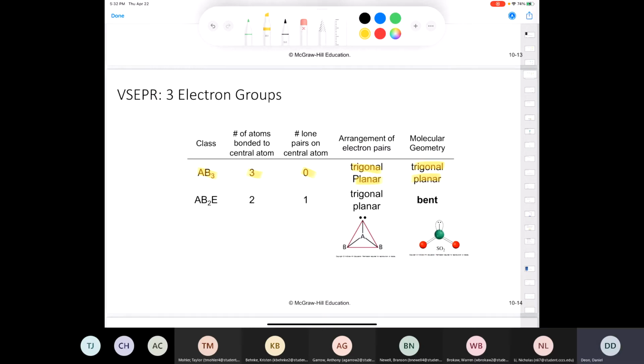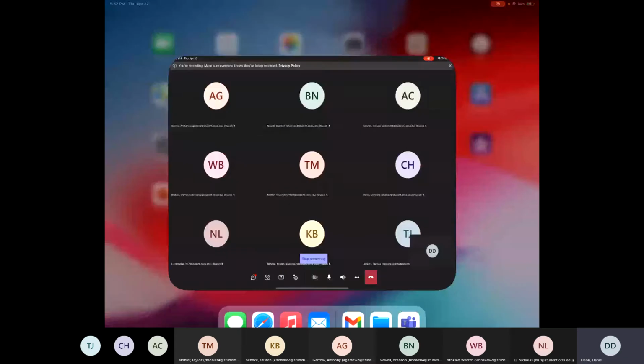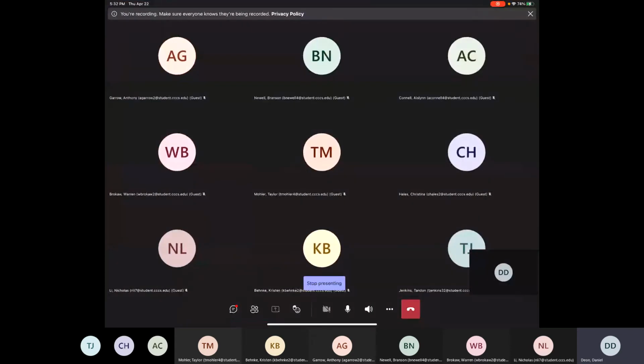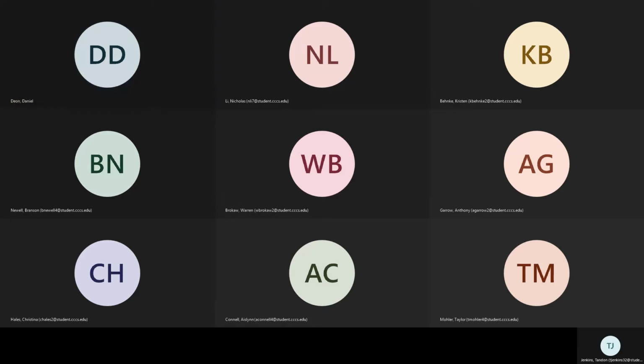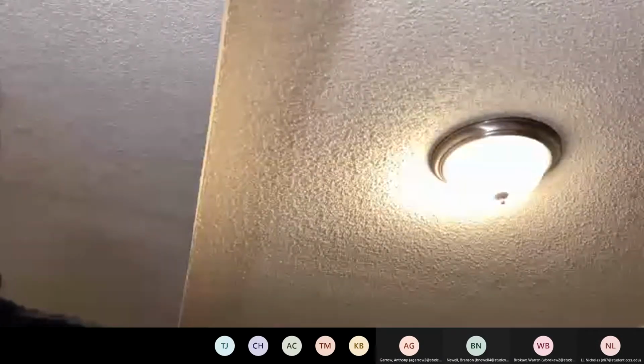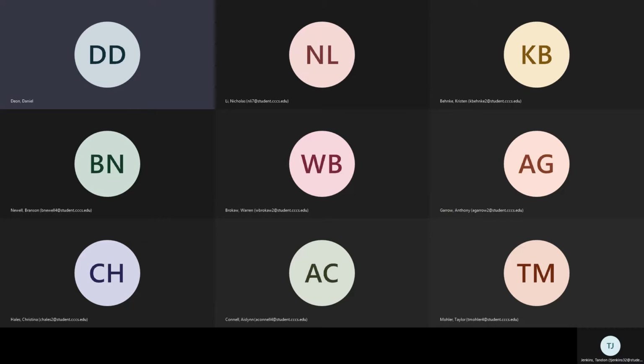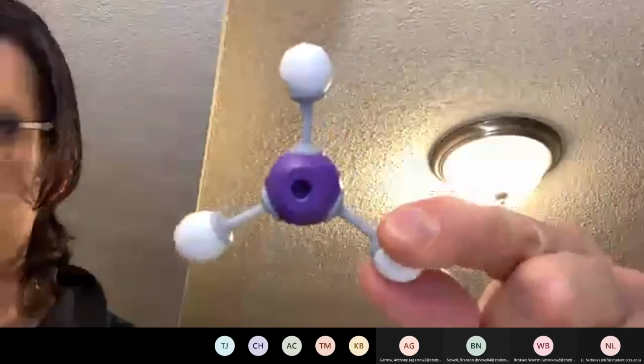But what if you replace one of those bonds with a lone pair? Then your molecular geometry, which considers only the bonds, is going to be bent. It's not going to be trigonal planar. If you want me to show you in terms of a model, I can do that very quickly. If I take my trigonal planar molecule right here, all the bond angles are 120.